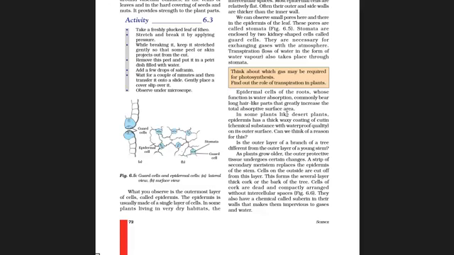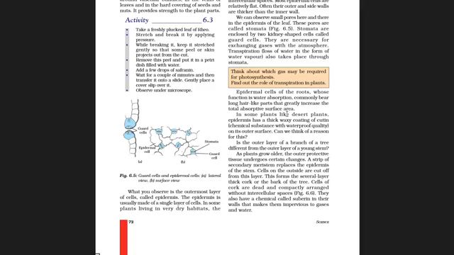Next example: if you remember, we had discussed that the outer layer of the branch of a tree is different from the outer layer of a young stem. So how are they different from each other?